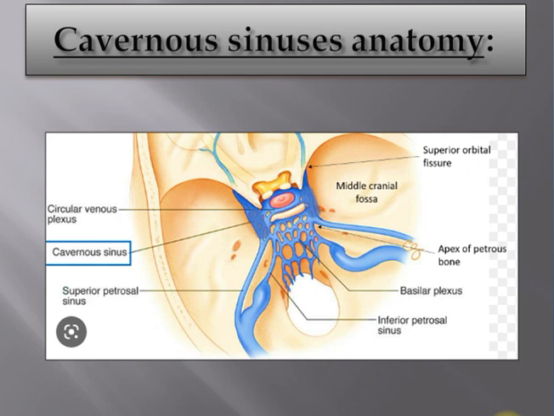And pay attention here. Nowadays, the COVID virus is a virus which causes thrombosis. And of course, in this case, as post-COVID infection, carbuncles and furuncles may occur, and as the next stage, cavernous sinus thrombosis may occur as a complication of this situation.